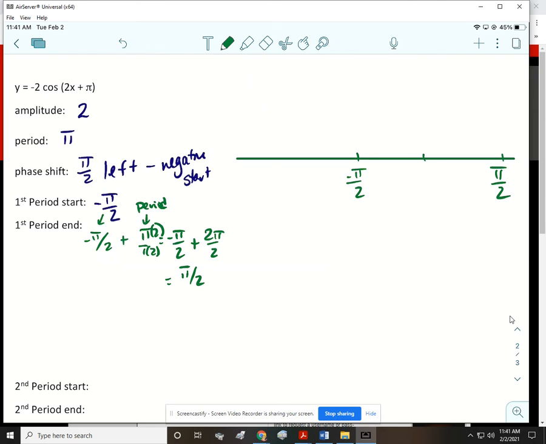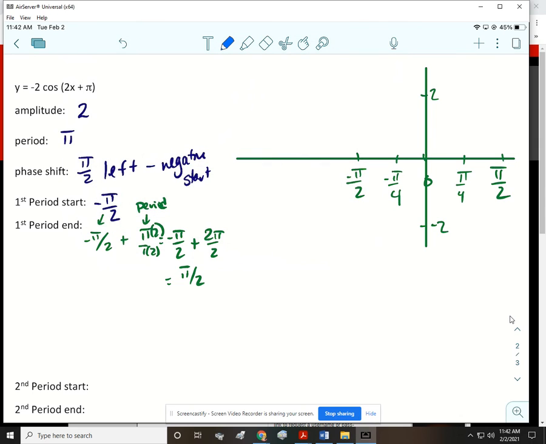Alright, what's halfway between those? That's 0. And where 0 is your y-axis. Right? And then halfway here should be pi over 4 and negative pi over 4. On your y-axis, we're going to go ahead and put our amplitudes 2 and negative 2.